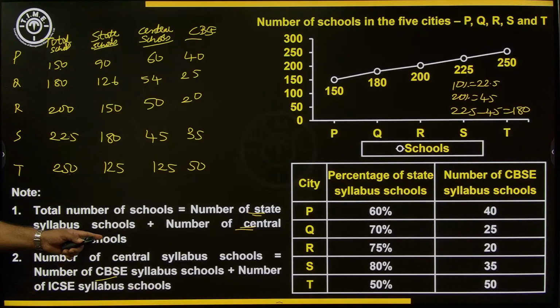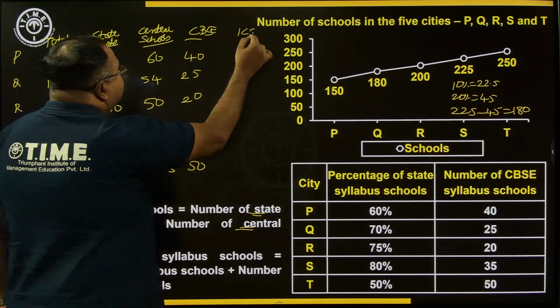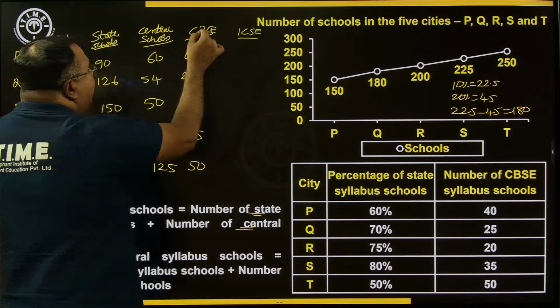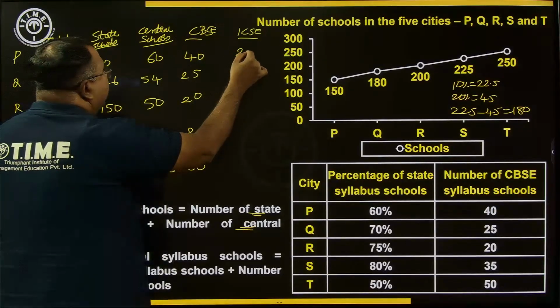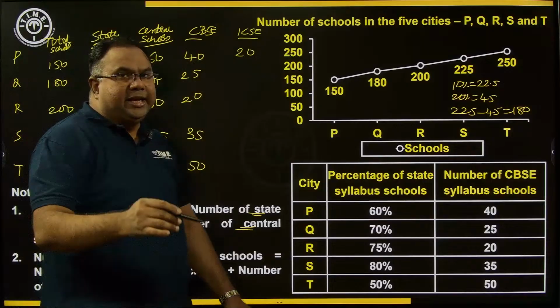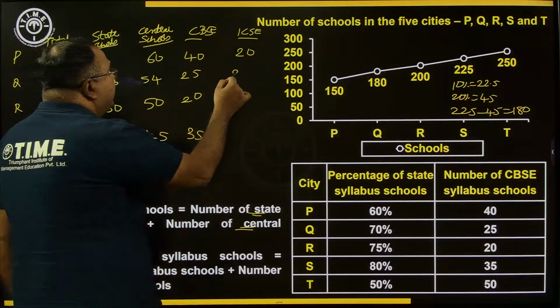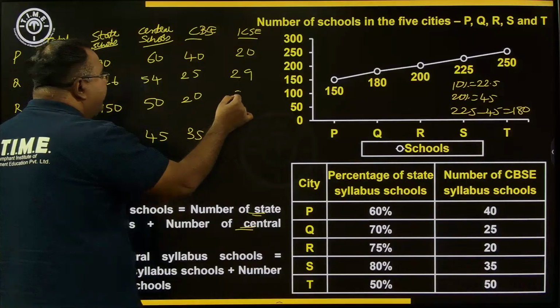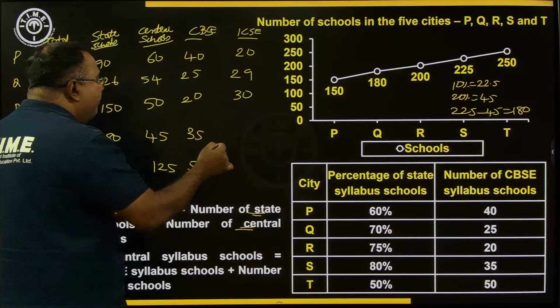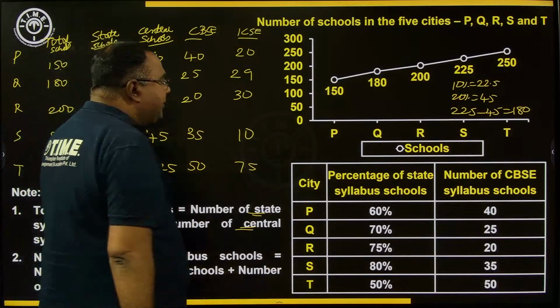If I want ICSE, then central minus CBSE. Total 60 central schools, 40 belong to CBSE, so 60 minus 40, 20 belong to ICSE. 54 minus 25, it is 29. 50 minus 20, it is 30. 45 minus 35, it is 10. 125 minus 50, this is 75.